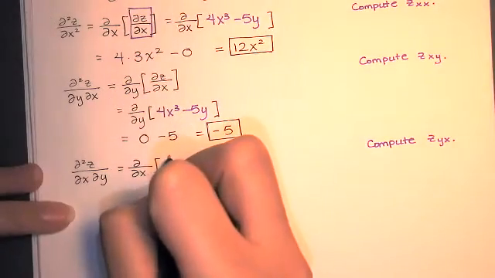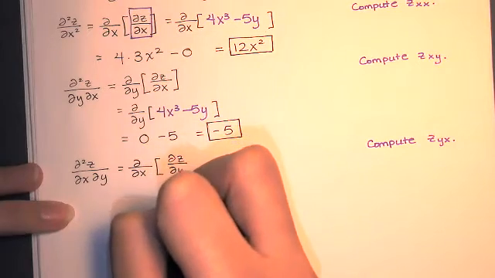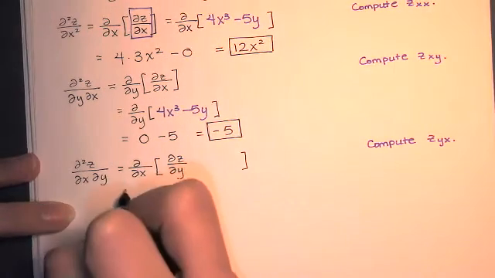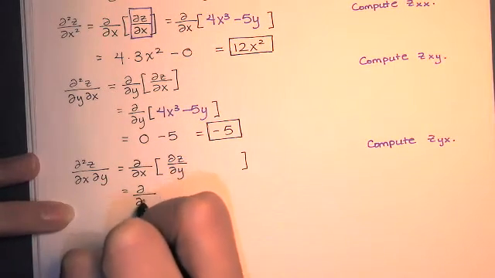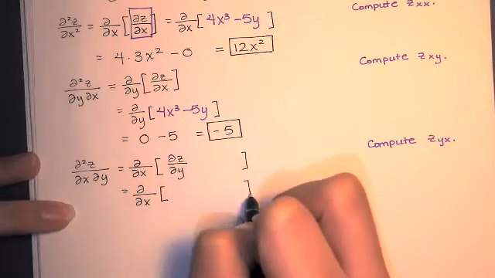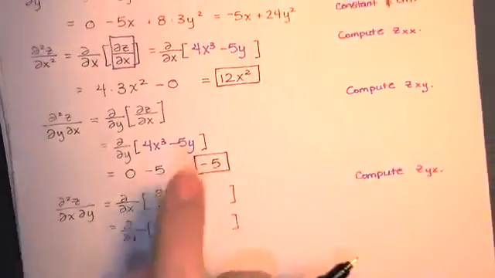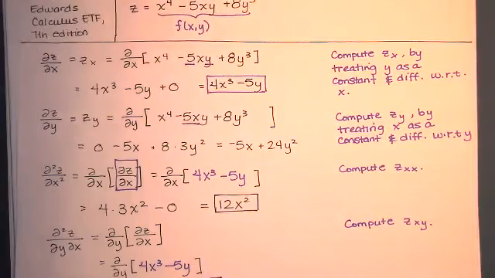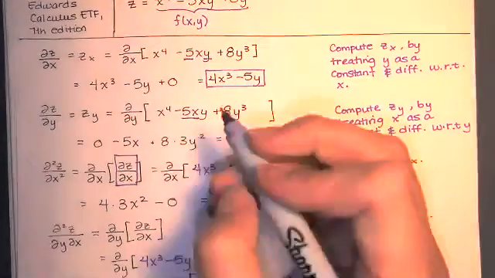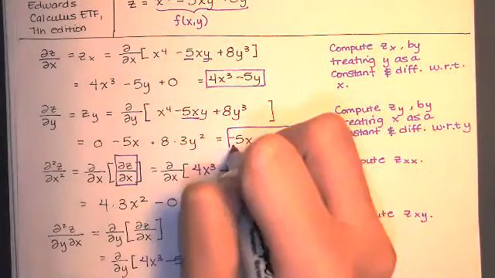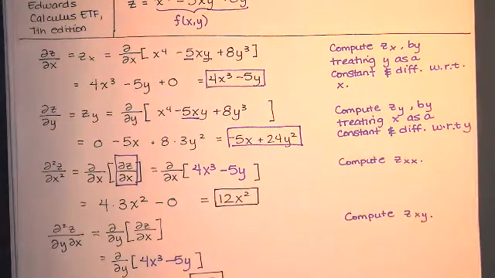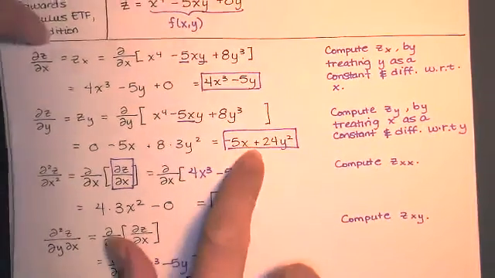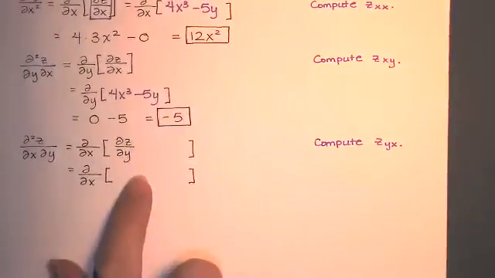Actually, I think I'll write that down. Way too much space for that, but you get the idea. And then I'll go up here and look for my partial of z with respect to y. That was negative 5x plus 24y squared. So that is what I'm taking the derivative of right here at the bottom. That's my partial of z with respect to y.